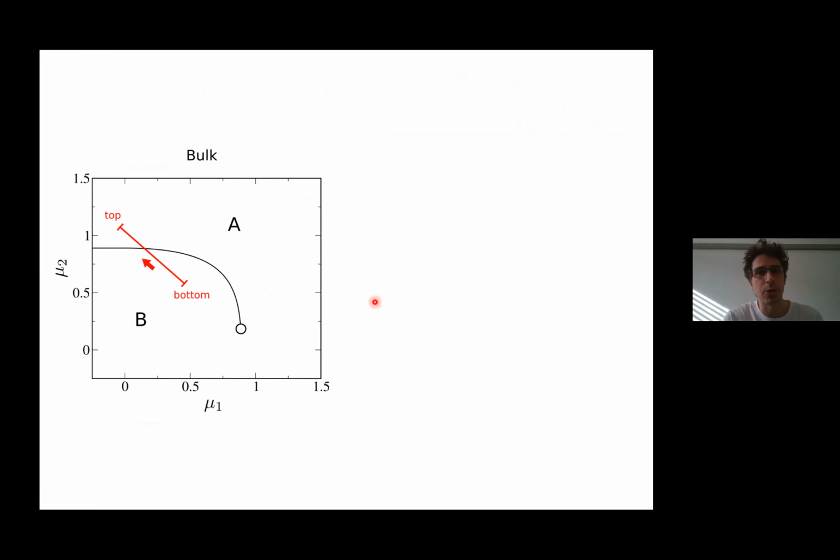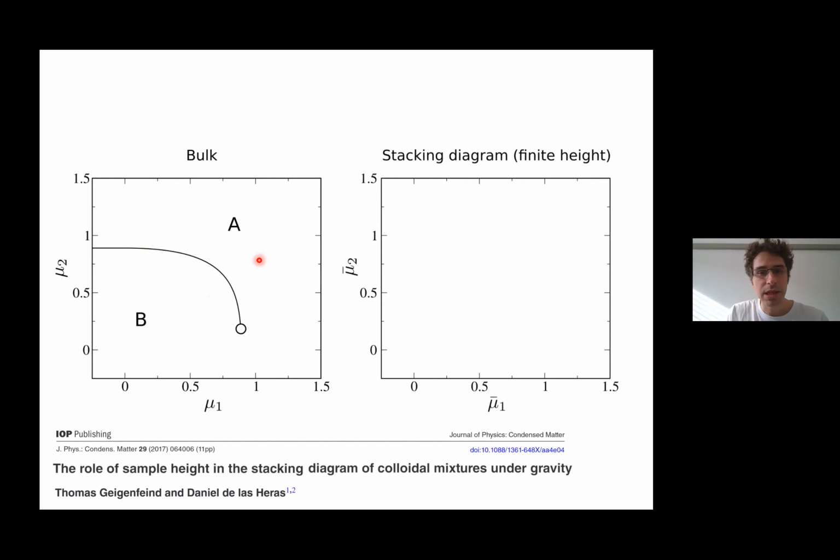One that is relevant for the experiment is to fix the slope of the path, like this one, and also fix the height of the sample, which determines the length of this path. Then I represent the possible stacking sequences in a plane, which is the average chemical potential along the path of species 2 versus the average chemical potential along the path of species 1. So one point here represents one path there.